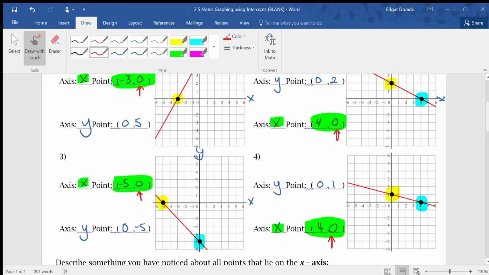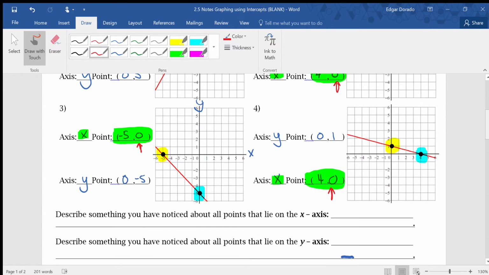Okay, so that's something that we're going to go ahead and write down as an observation. So we're going to say that on the x-axis, all y values are 0. Okay, so on the x-axis, all the y values are 0.